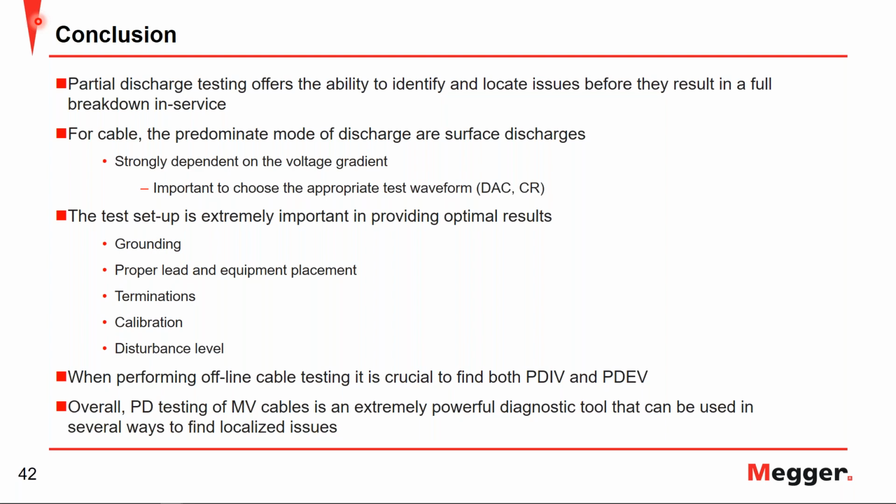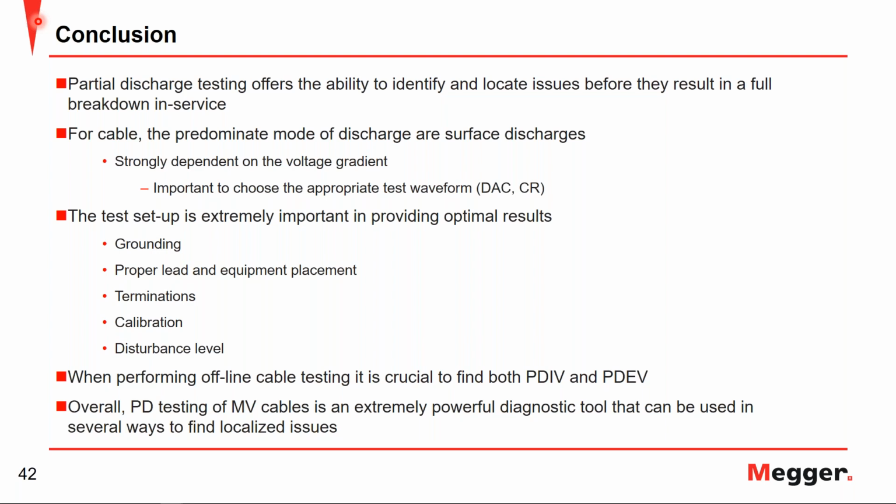You want to pay attention to terminations. Is there any debris on them? And how am I going to connect to this termination in a way that's going to allow me to step up in voltage and not experience maybe corona and make me think that there's something wrong with my termination?